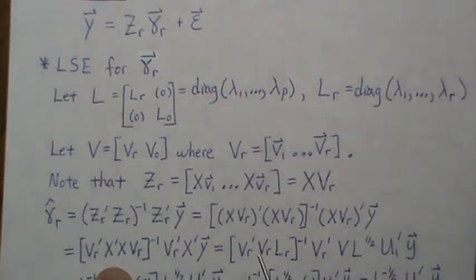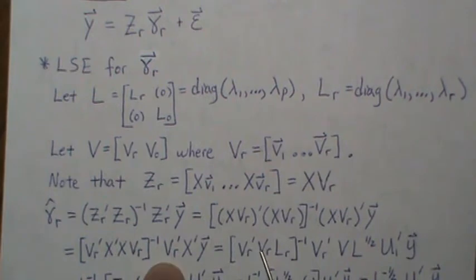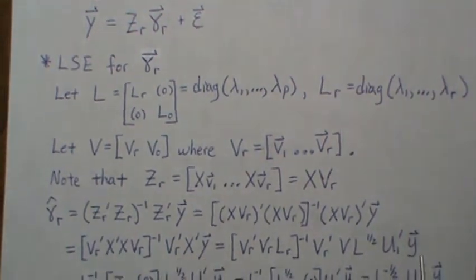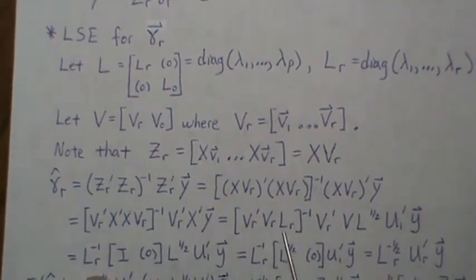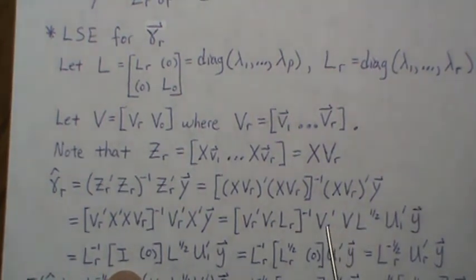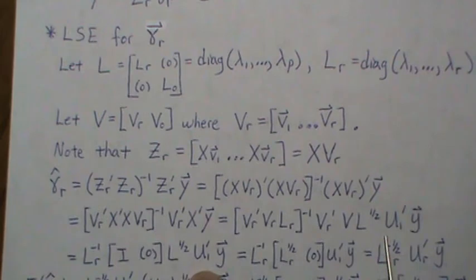Well, this right here is the identity, they're orthonormal, so it's the identity matrix. And then here is V_R, but we write out the singular value decomposition for X, which is this, and we get Y. So now let's unfold this. So here we get L_R inverse, which is this, and here we get V_R. Remember, V is V_R and V_0, so that we get the identity and then 0 because they're orthonormal eigenvectors. We get L^(1/2) U_1 prime Y.